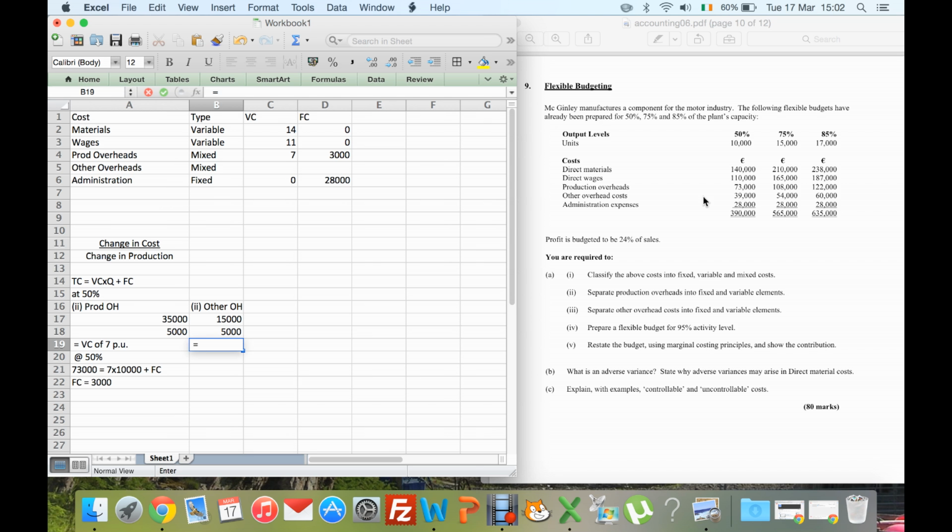So that's a variable cost of 3 per unit. So put that up here. So I'm going to again choose at 50%.